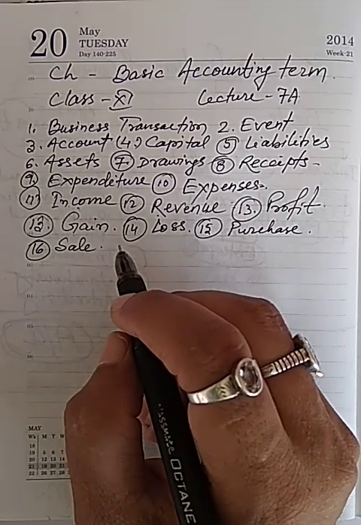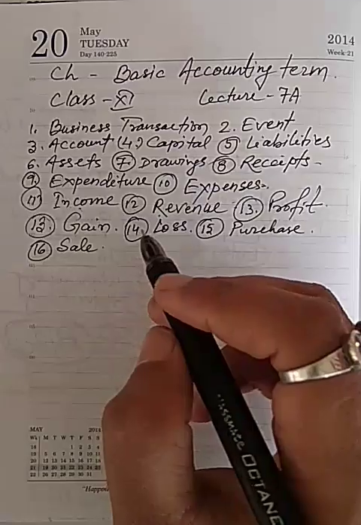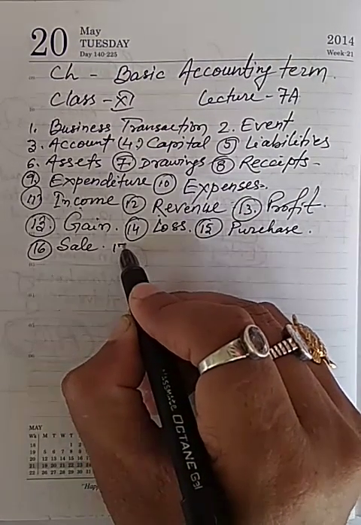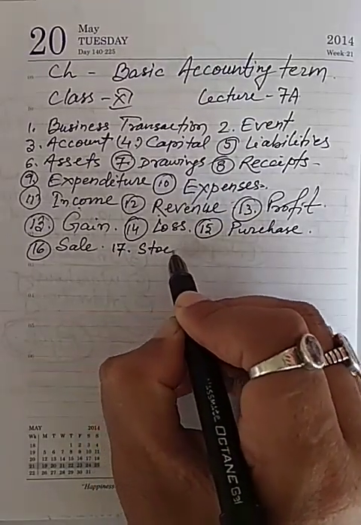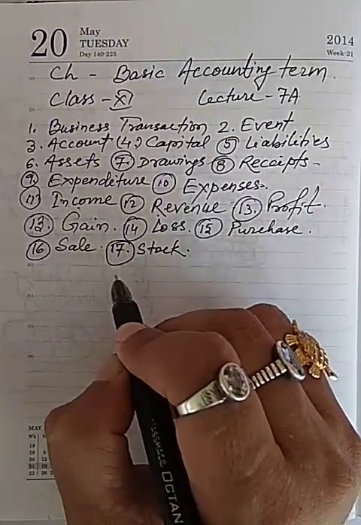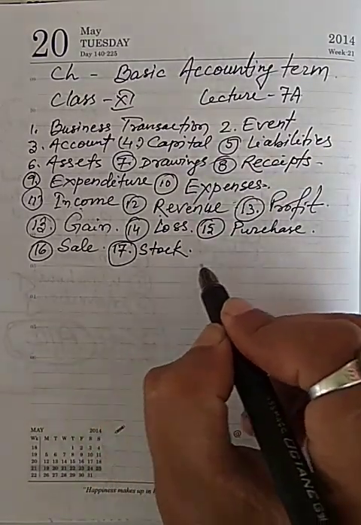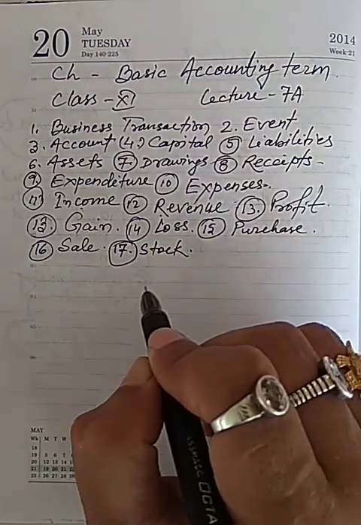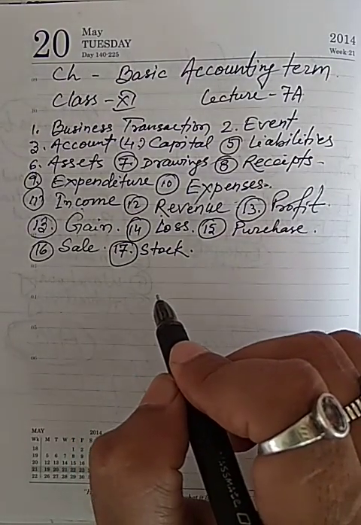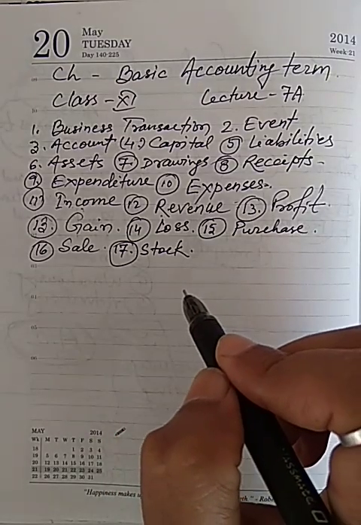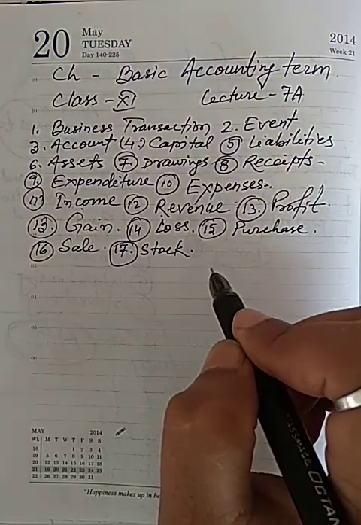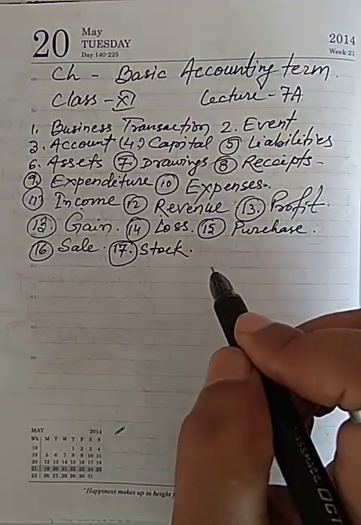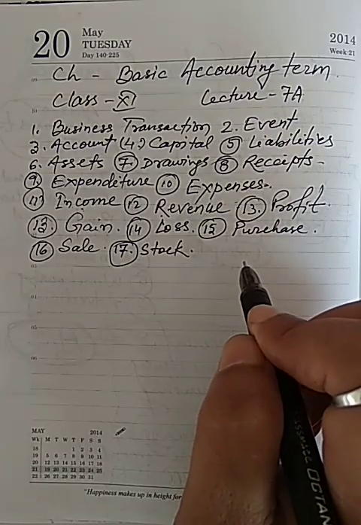Now, next point is stock, or stock in trade. The term stock includes the value of those goods which are purchased for resale and which are lying unsold at the end of the accounting period. The stock may be of two types.